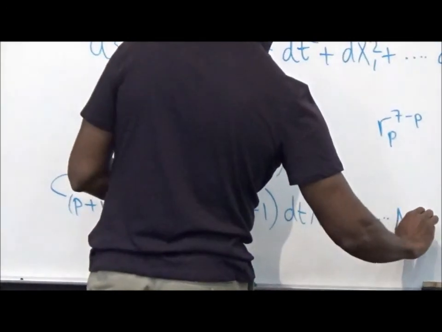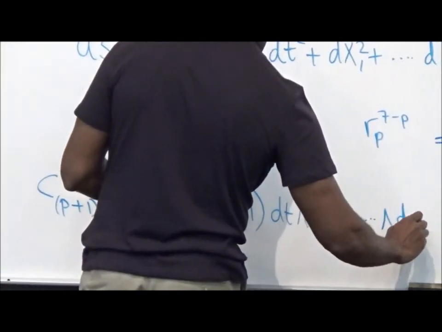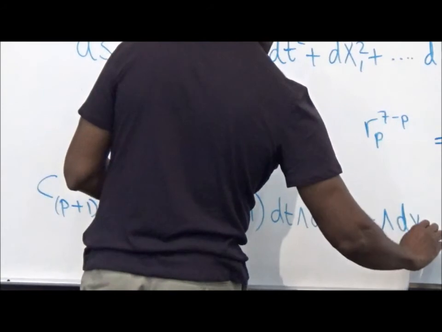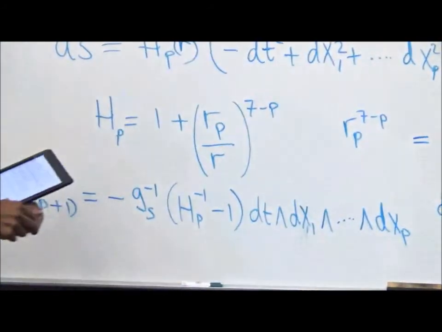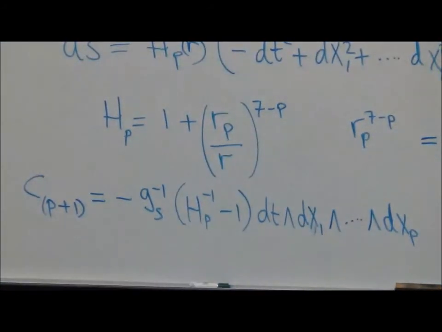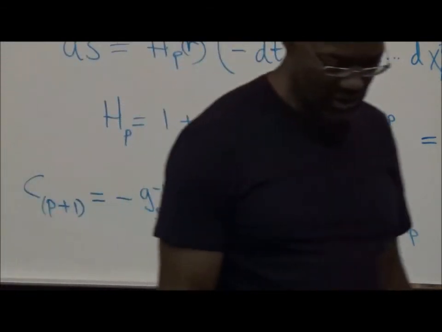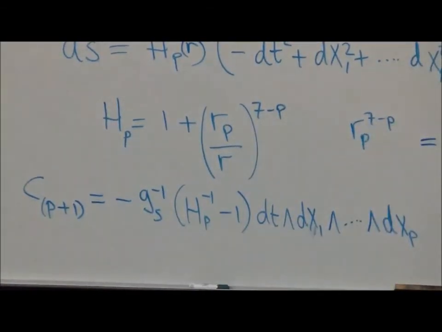So there explicitly is the p plus 1 form that is the Ramond-Ramond potential carried by this brane. Okay. What I've really drawn here, so that there's a really important discussion to be had here, which I don't have time for.